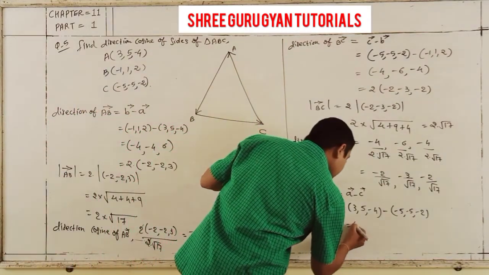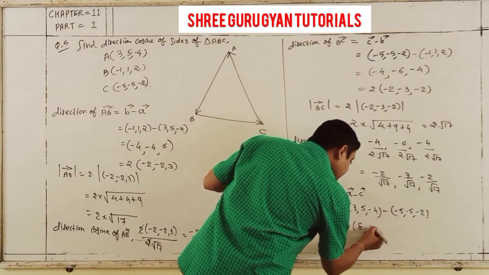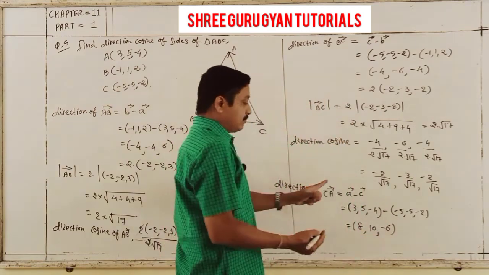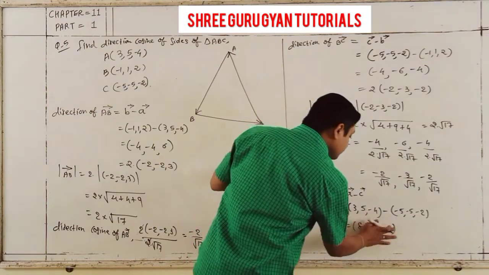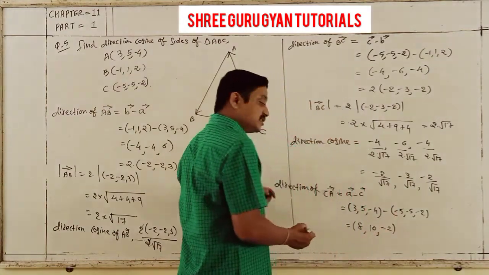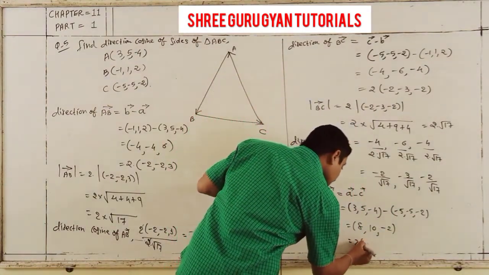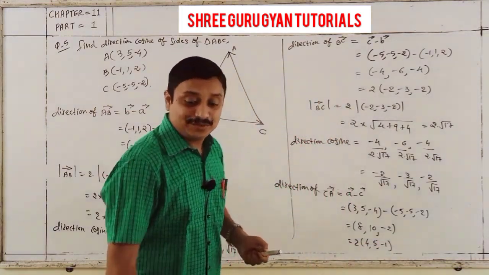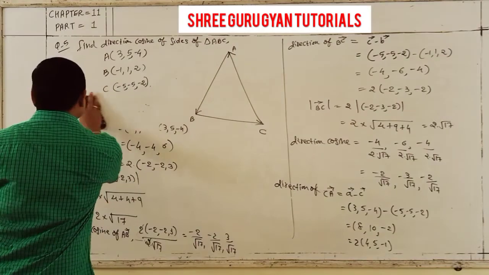My answer is 8, 5 and 5 is 10, minus 4 plus 2, it is minus 2. And take it common, 2 common, so 4, 5, minus 1. Yes, and now its magnitude.